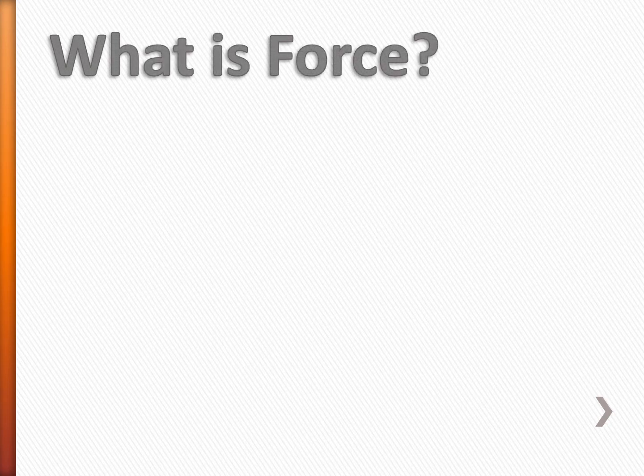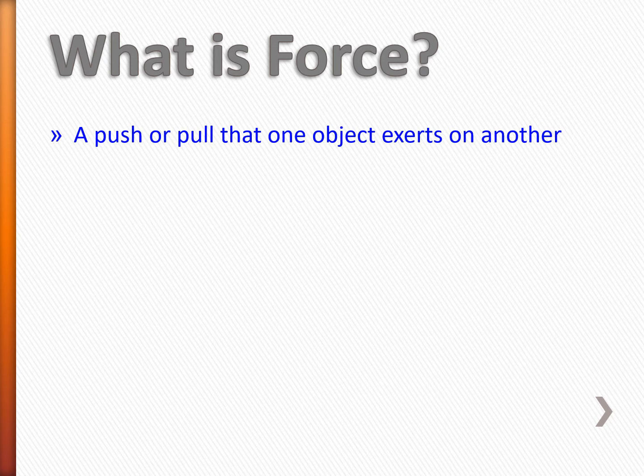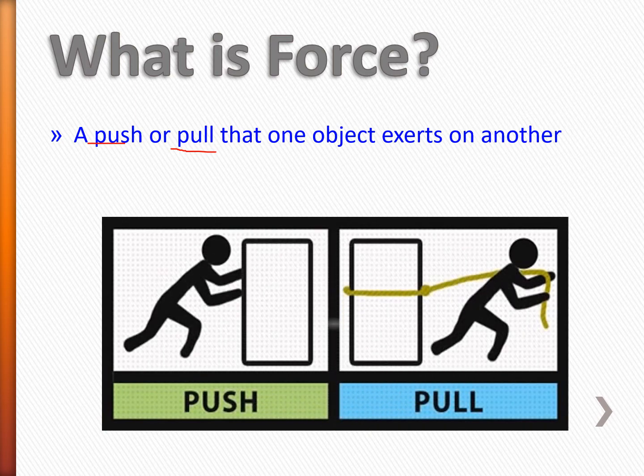What is force? Force is a push or a pull that one object exerts on another. So it is a push or a pull. Now, how do you describe a push and how do you describe a pull? The direction of the push is away from the object that exerts the force.